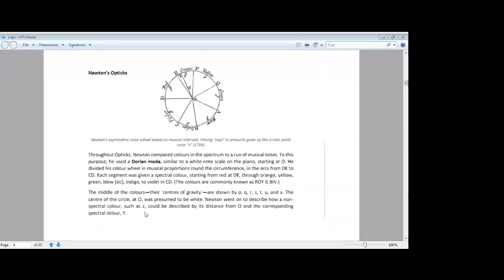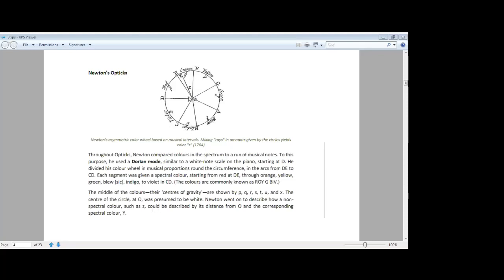The middle of the colors, their center of gravity, are shown by P Q R S T U and X. Sorry, V is not there. Maybe to avoid clashes with violet, I think he must have done that. The center of the circle at O was presumed to be white.